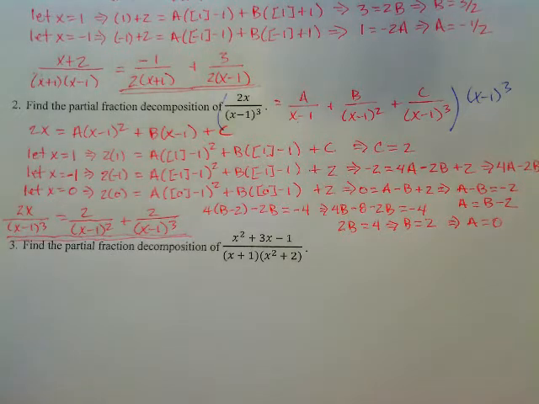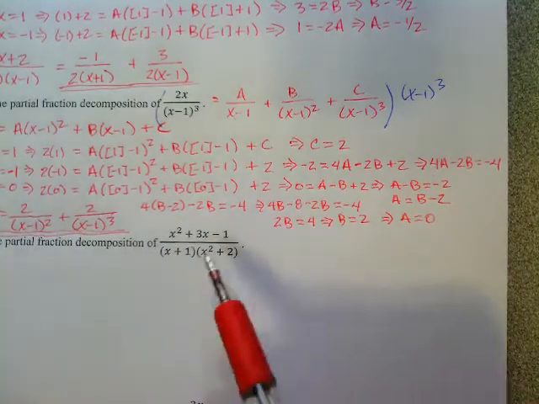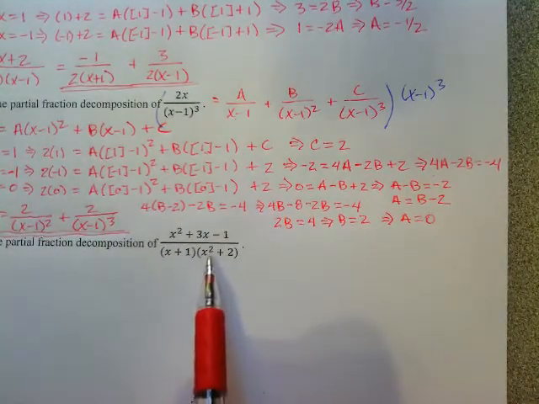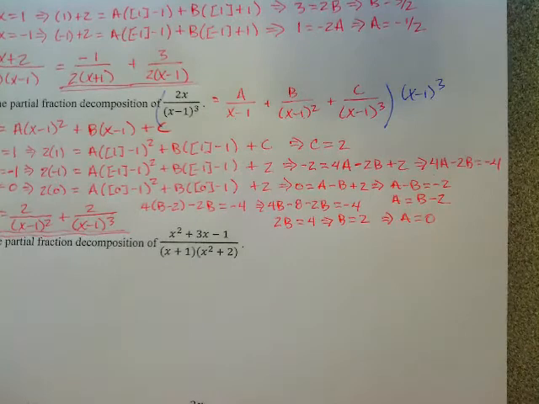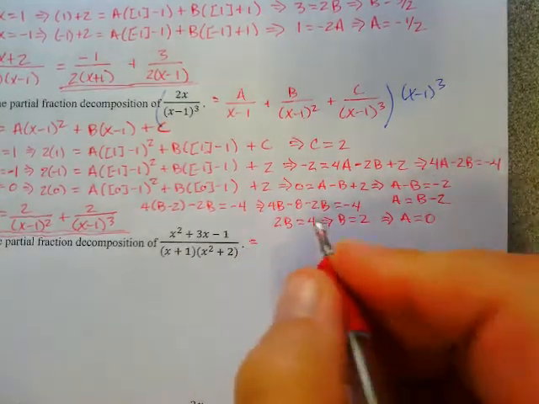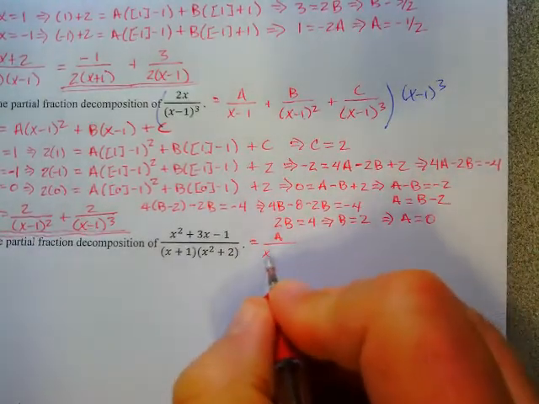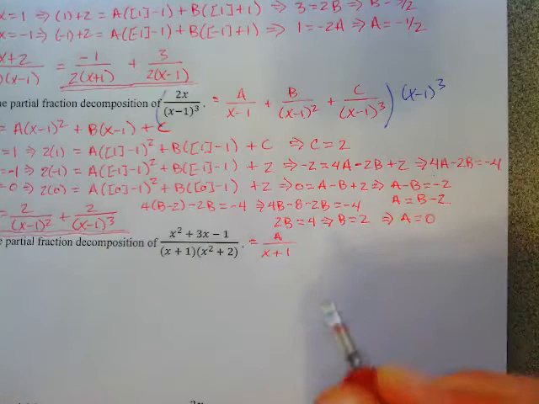Alright, let's look at our third case. This one has a quadratic in it. Even though it doesn't have 3 terms, it still has the x squared, so that counts it as a quadratic. So that means this one will decompose into a over x plus 1. There's our first factor.